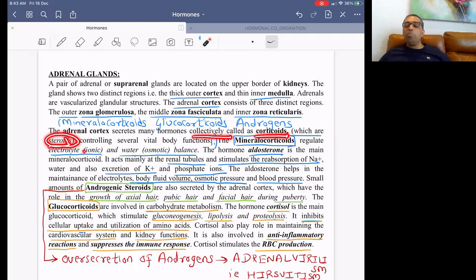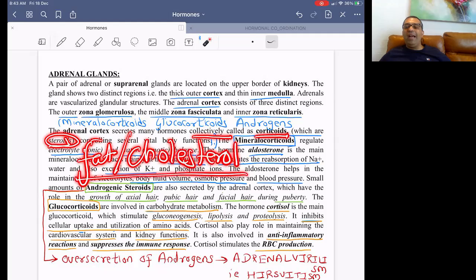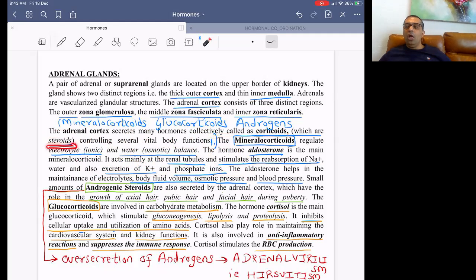They are not proteins, they are fat derivatives. They are cholesterol derivatives. Anything which is a fat or cholesterol derivative is called a steroid.